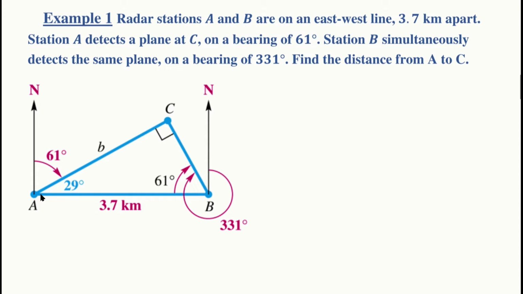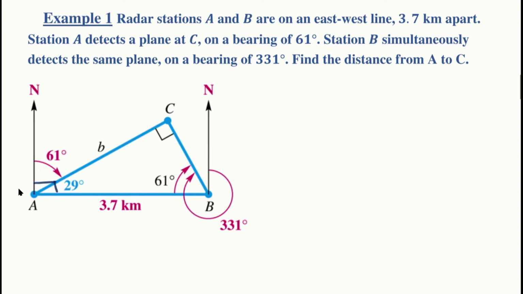Now, because this is an east-west line, right? This northern ray is going to be perpendicular to it, right? So that makes this angle in here a right angle, right? So if this is 61, that means the angle here is going to be 29, right?